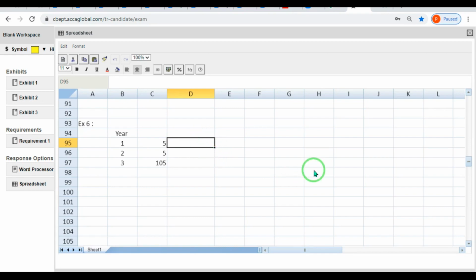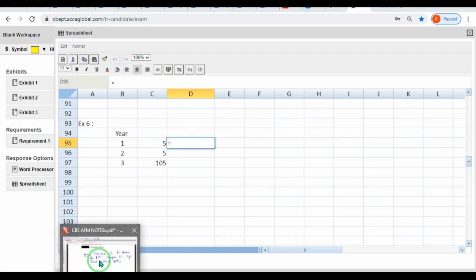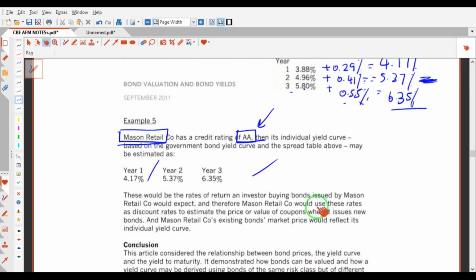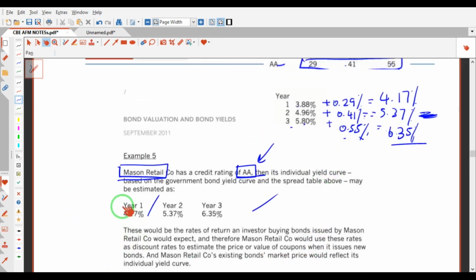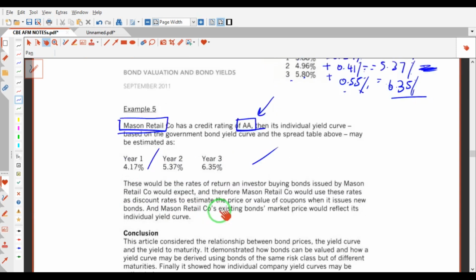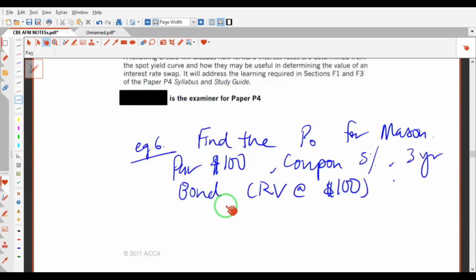But in this case, what was Mason's interest rate here? 4.17, 5.37, 6.35. So let's just remember this quickly.